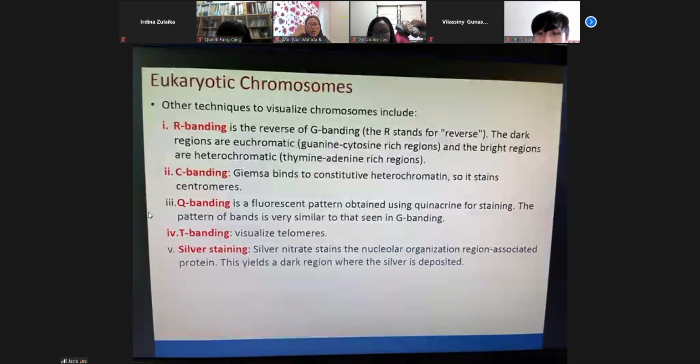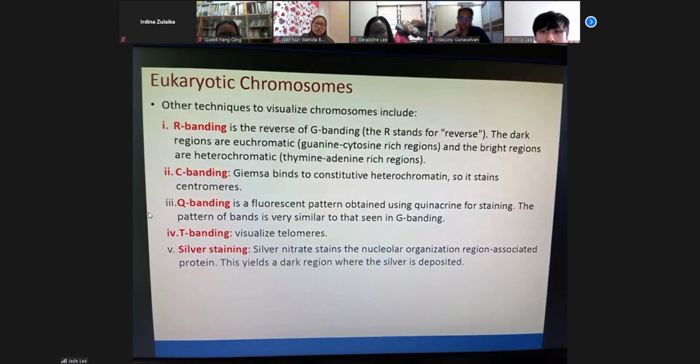And usually the euchromatin is active, whereas the heterochromatin is less active. So kita ada C banding, whereby the dye binds to the constitutive heterochromatin, so it stains the centromere. So kita stain centromere saja. That will provide the C banding.